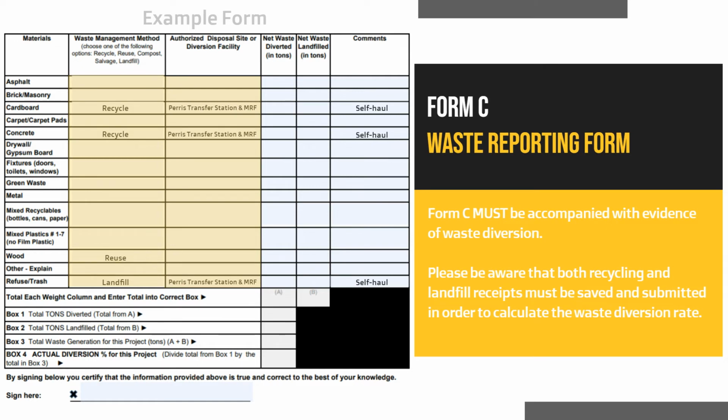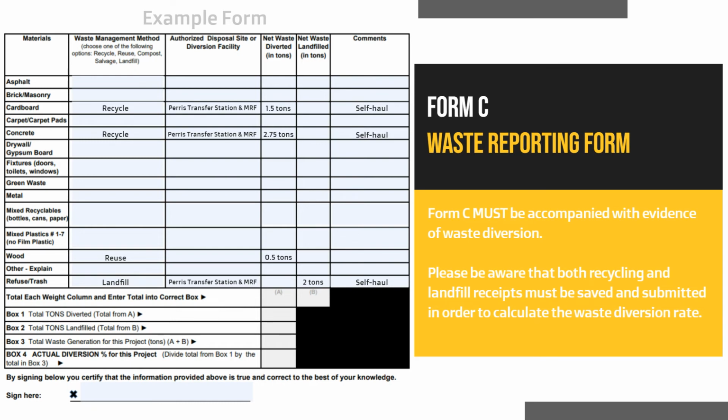According to his receipts from the Paris Transfer Station Material Recovery Facility, 1.5 net tons of cardboard and 2.75 net tons of concrete were recycled, and 2 net tons of trash were landfilled. John will use the photos of the reused material to estimate that approximately 0.5 net tons of wood were reused.